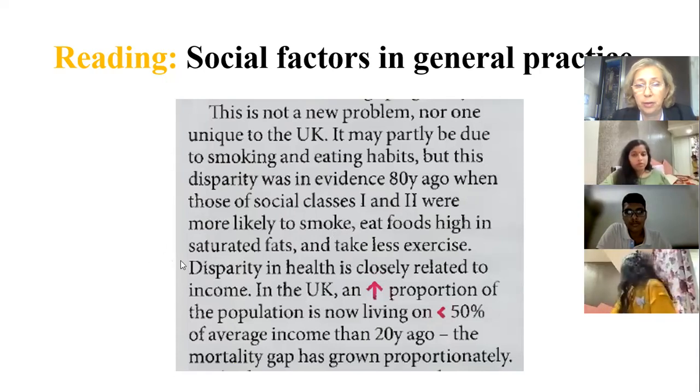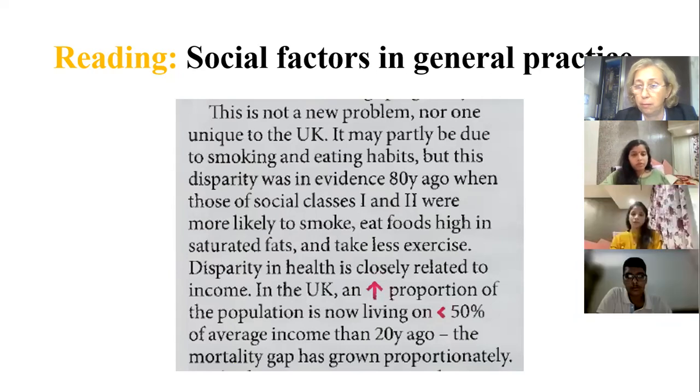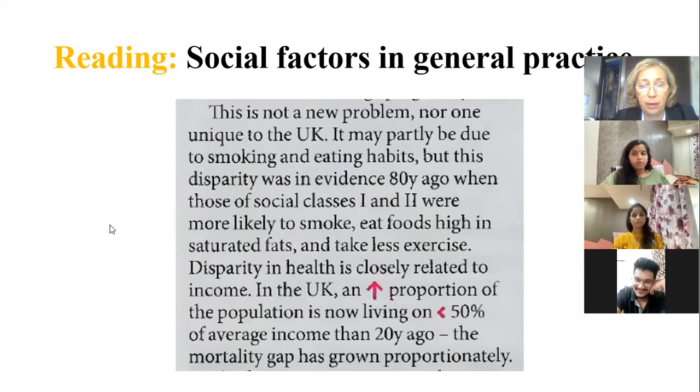And there is the phrase high saturated fats. Can you comment on the meaning of this phrase? They are not easy to break down. They take time. Okay, good. And let us look at income.